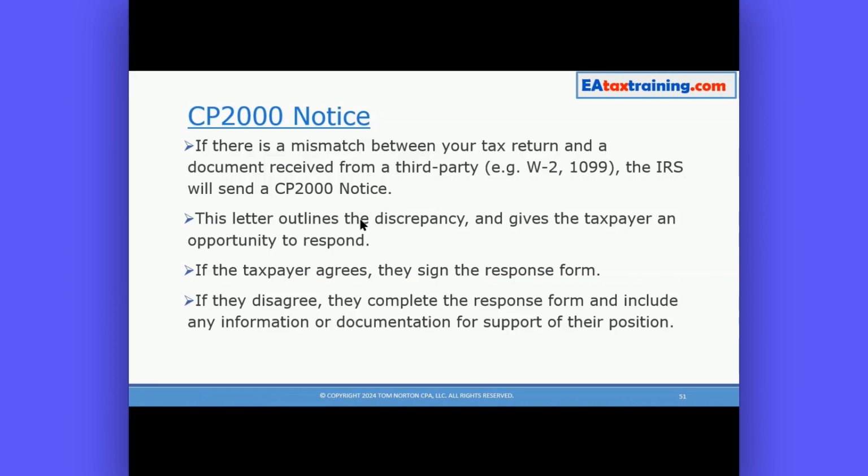You go ahead, you file the tax return, you think everything is cool, and then they get a CP 2000 notice because they got a paycheck and it was reported on a W-2 that was not included in the tax return. So in that case, you would look at it, talk to the taxpayer. They'd be like, yeah, I forgot about it. Never got the W-2. You would just say, okay, looks right. Sign the form saying that they agree, send in whatever tax is due.